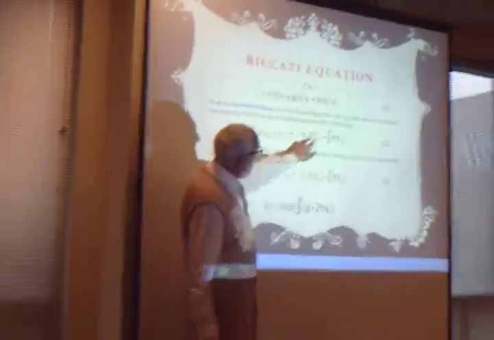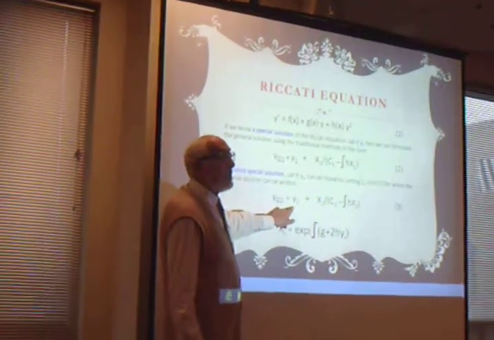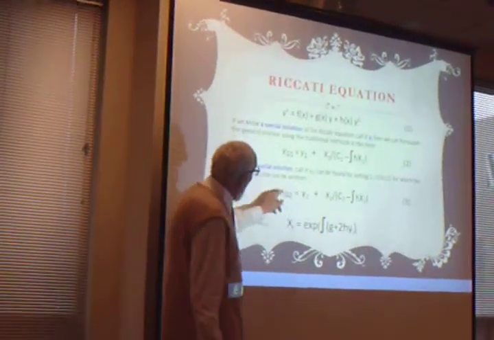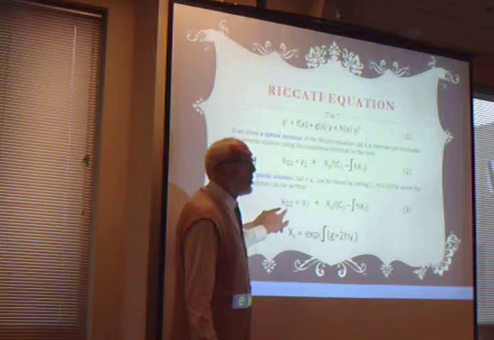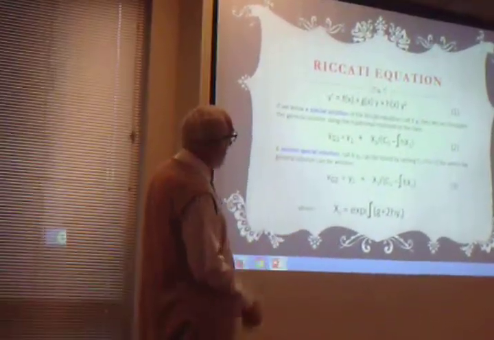But now here's what was missing in that study. If I set C1 equal to 0, I can produce now a second particular solution. And I get a second general solution. Now here's the interesting thing about that.